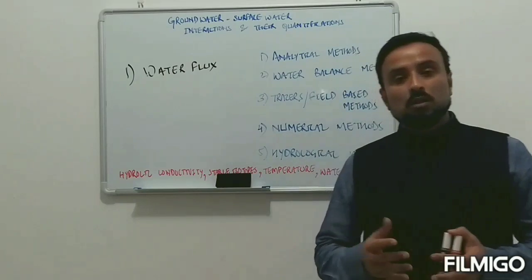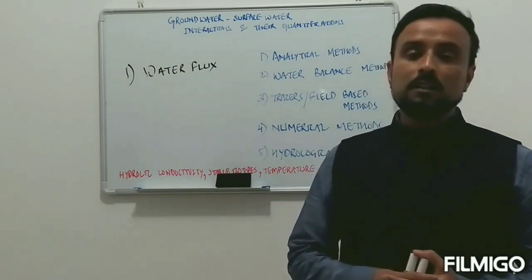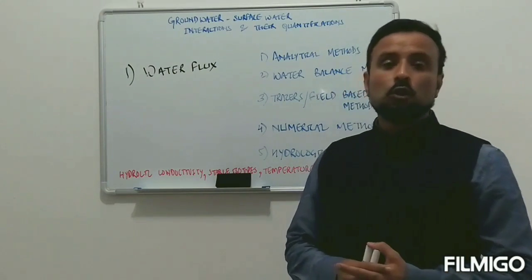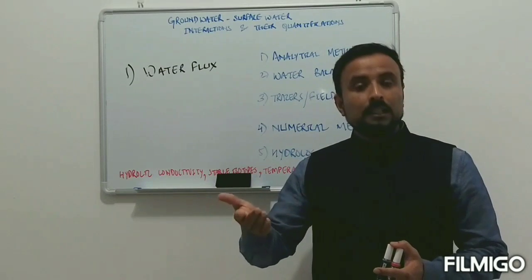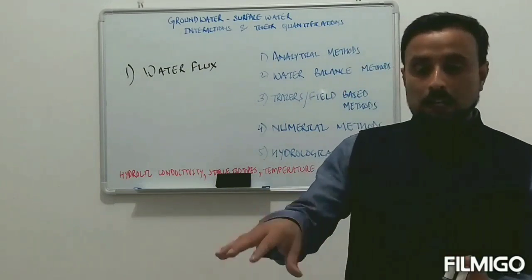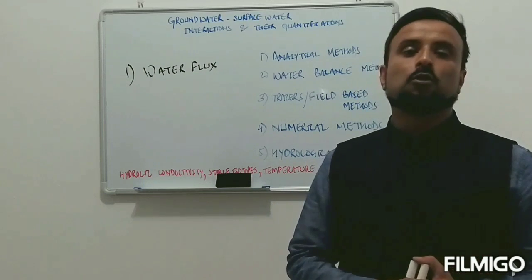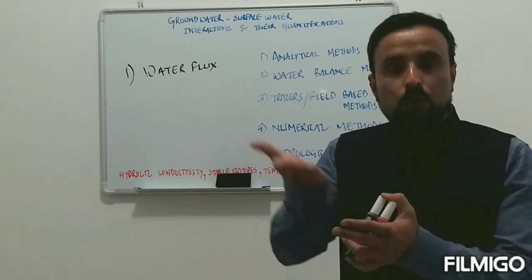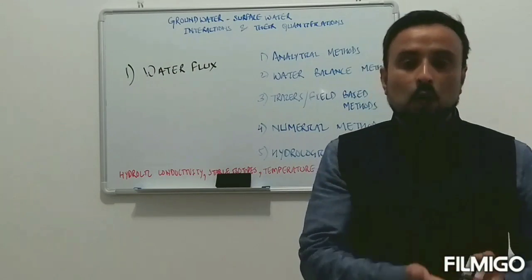This is the way losing streams and gaining streams are there, and this is the way water tables are maintained. So the purpose for which this study is required is to know at a particular place how groundwater or surface water are reacting. If it is quantified, it will tell you at particular positions whether it is a gaining stream or losing stream, where the groundwater is supporting surface water and where surface water is getting supported by groundwater.